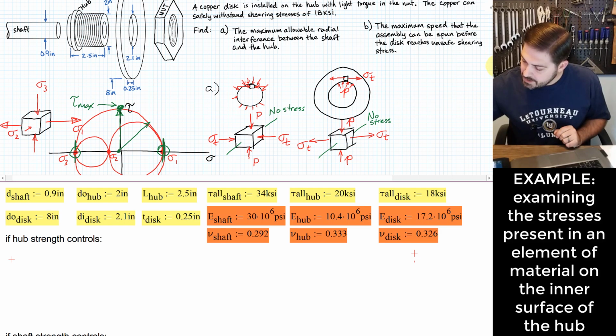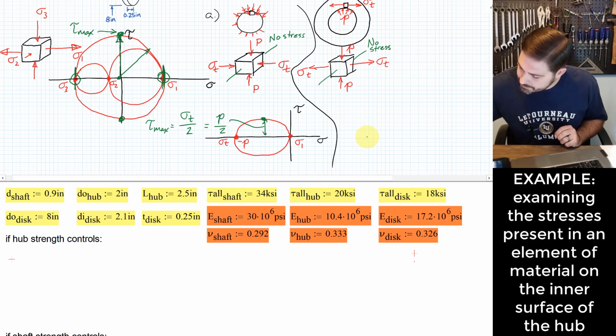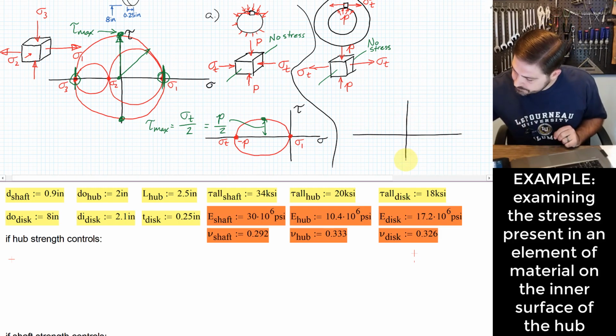So what does that mean in terms of how the Mohr three-circle diagram looks here? Okay, well, let's draw it, right? Here I've got the normal stress, here I've got shearing stress.